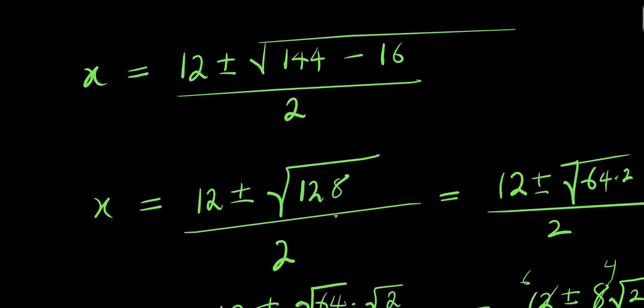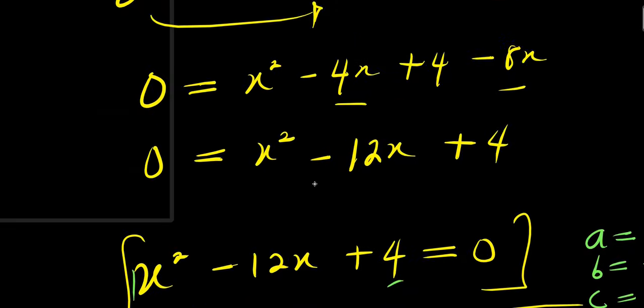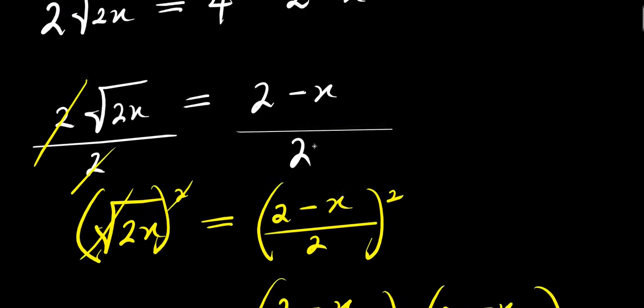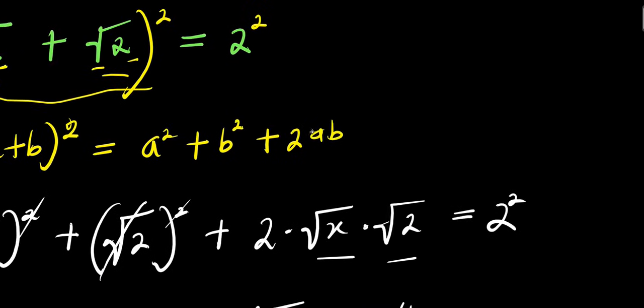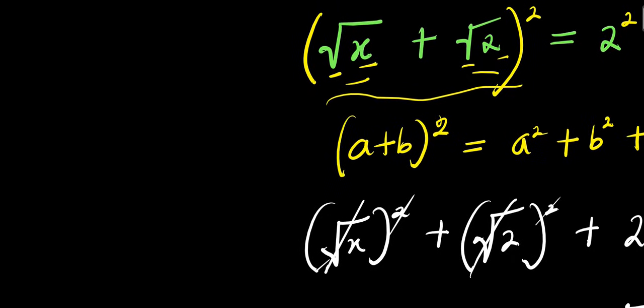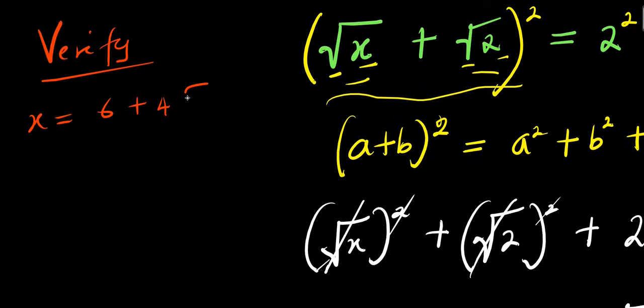Now that we have gotten two values for x, we can go ahead and check if these two values will satisfy the equation, or is it going to be only one value of x that will satisfy the equation. So we have to verify x equals 6 plus 4 root 2, and also x equals 6 minus 4 root 2.